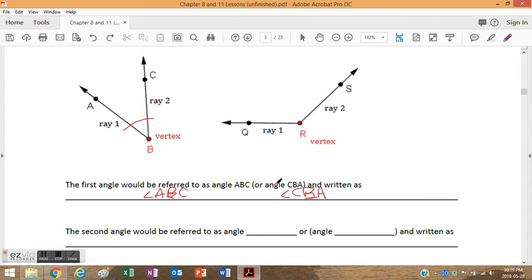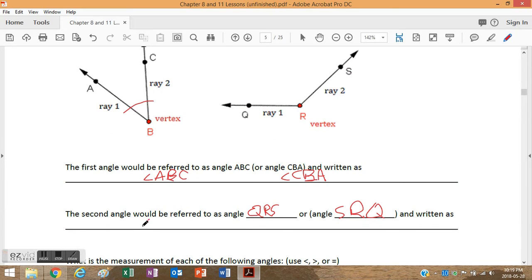The second angle would be referred to as angle QRS or SRQ, and it's written with the little angle symbol as angle QRS or angle SRQ.